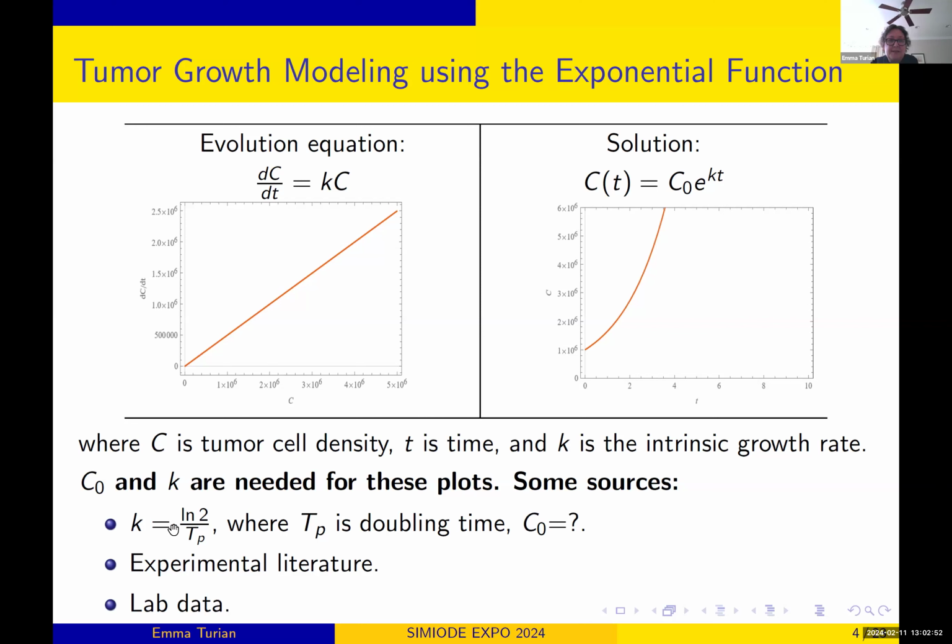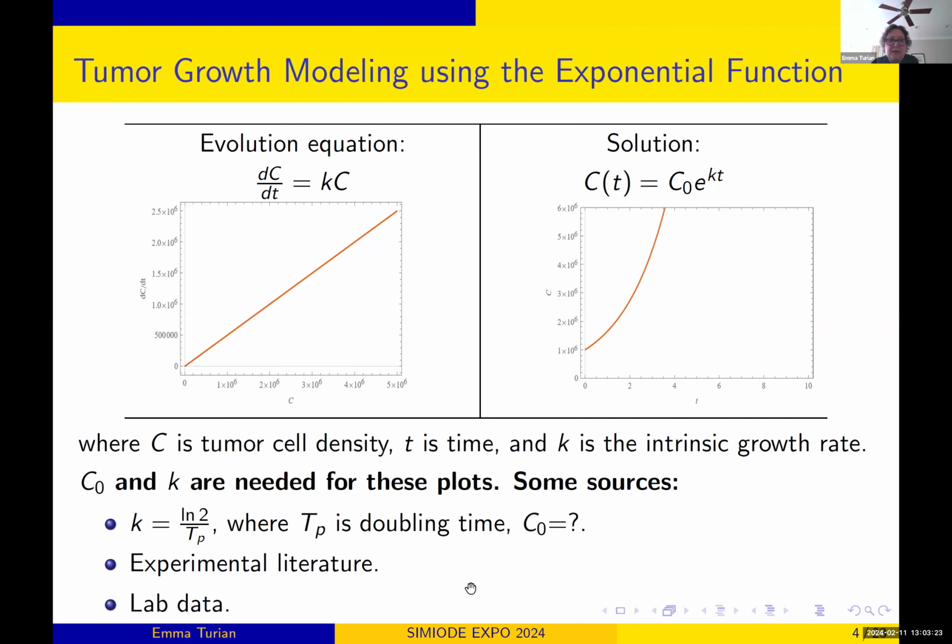In this case, K can be looked at as ln of 2 over TP, where TP is the doubling time. For tumors, there are books with tables specifying the doubling time for different types of tumors and different cell lines. We also need to find the initial size of the tumor, which is denoted here by C0.